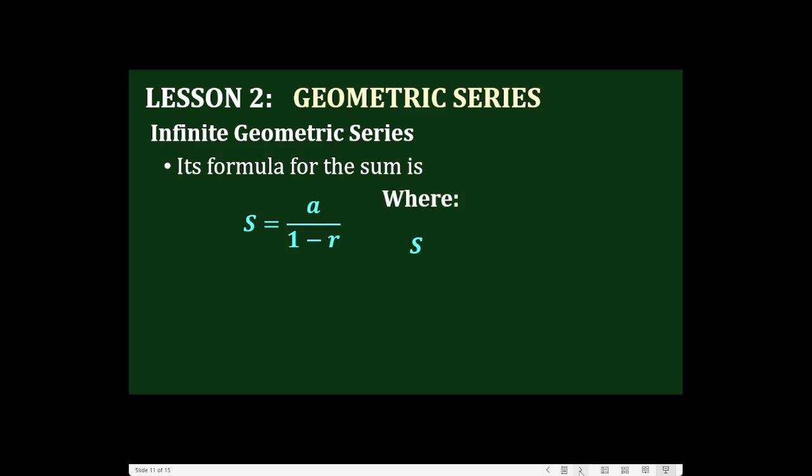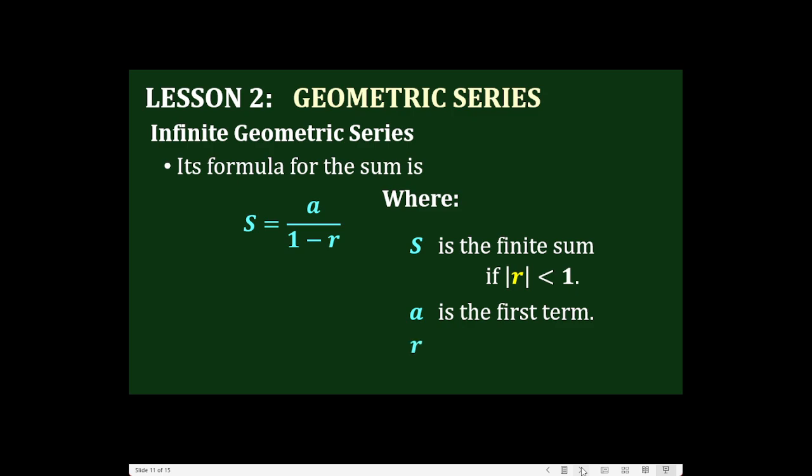S is the finite sum, provided that the absolute value of the common ratio R is less than 1. A is the first term and R is the common ratio.